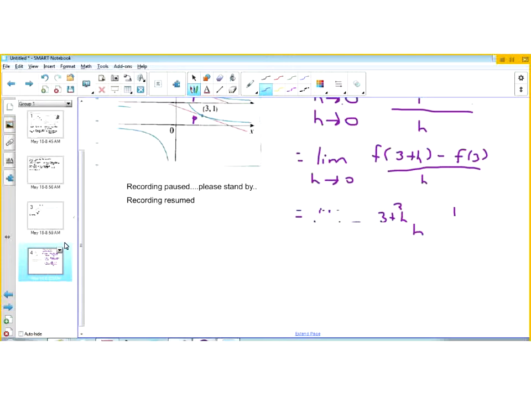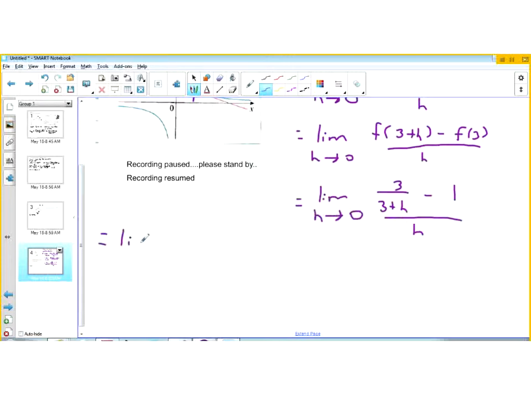And so we evaluate this limit. We can multiply upstairs and downstairs by 3 plus h to simplify this complex fraction. So we'll have 3 minus (3 plus h), divided by h times (3 plus h).